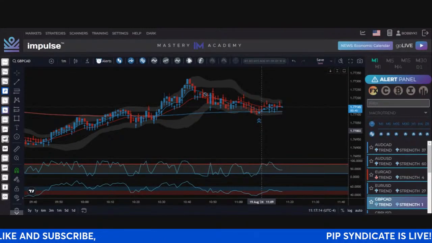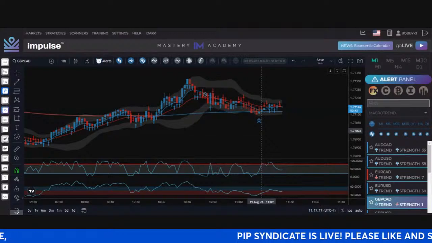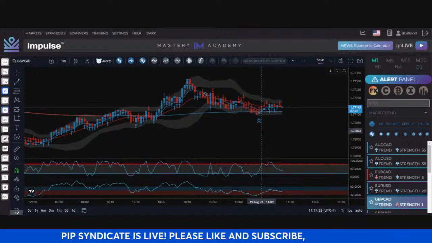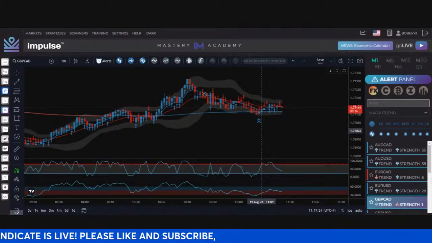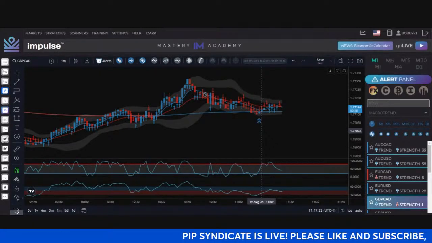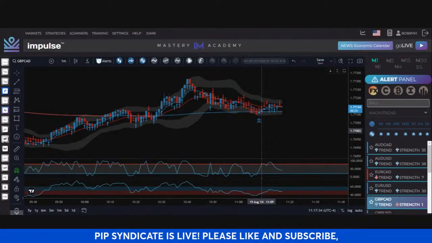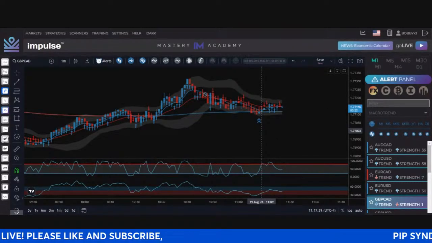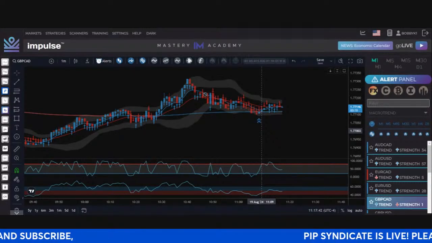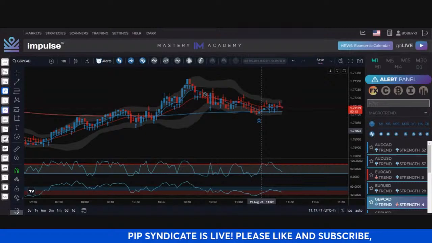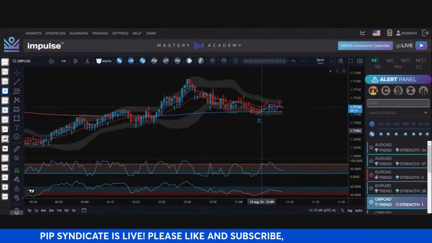What's this GBP CAD? I'm going to take a buy on this, guys. It's right above the 200. But let me see though. The red is on top, right? On the EMAs. Let's see if it gives me 4 reds in a row. And if it stays above the 200.